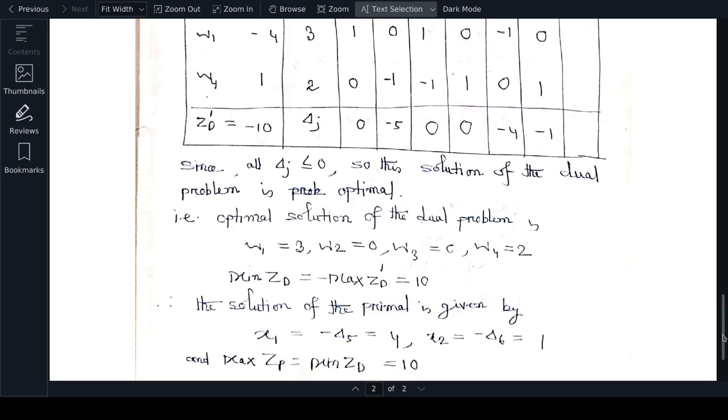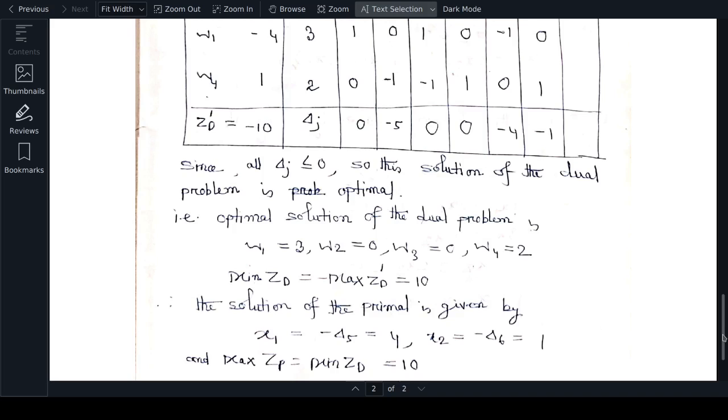Here you will see delta j with sign changed for the slack or surplus variable in the final simplex table for the primal are the values of the corresponding optimal dual variables in the final simplex table. And max Z_P equals min Z_D, whose value is 10. So this is the solution.